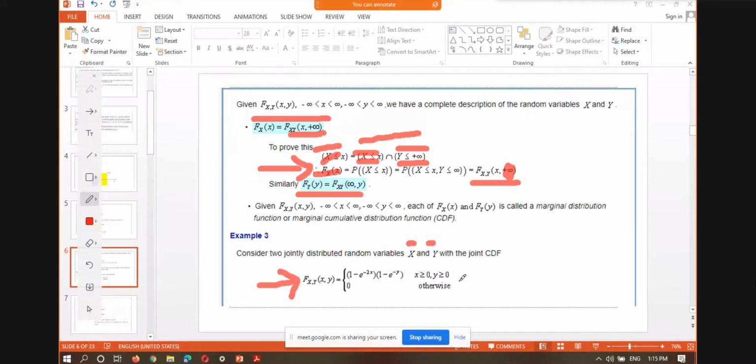Otherwise, when y is less than 0 or x is less than 0, if any one of them is less than 0, the value of the distribution function F(x, y) is actually 0.